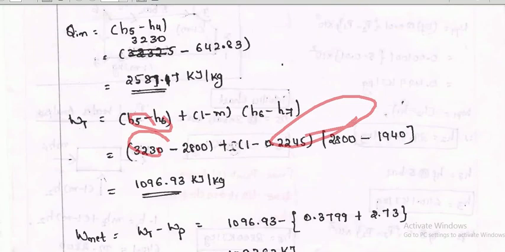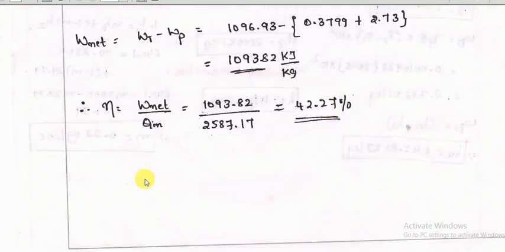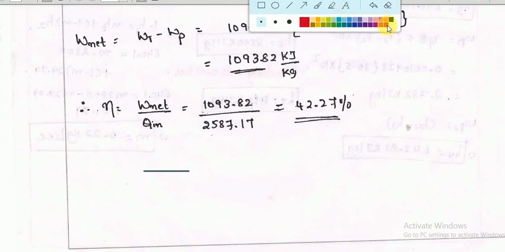Similarly, we can calculate the steam flow rate. We know that the steam flow rate can be calculated by a formula which we already solved in the previous problem. Steam flow rate is equal to 1 by W net.